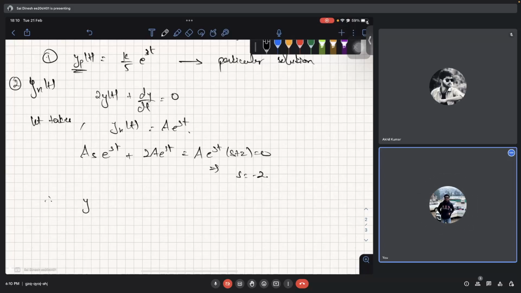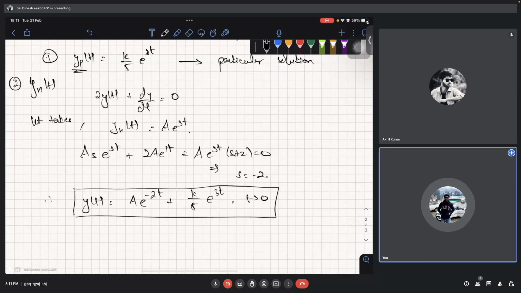Therefore, we have y of t is equal to a e power minus 2t plus k by 5 e power 3t for t greater than 0. So this is the type of solution that we have. But here, this is not fixed.